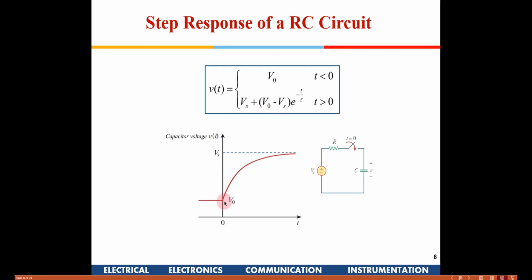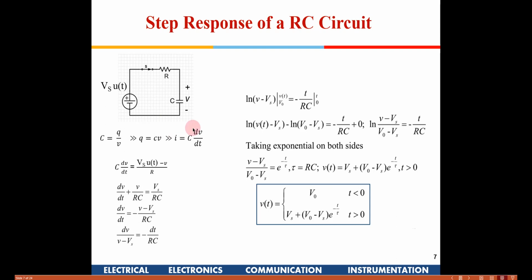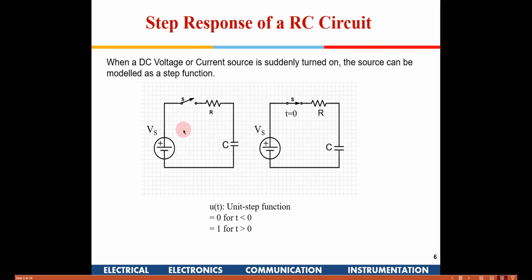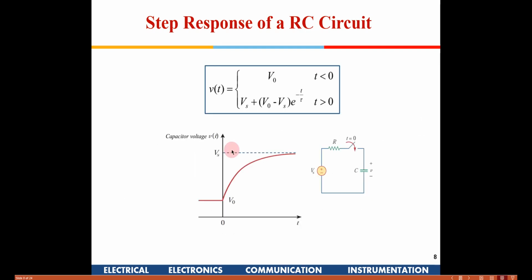You can also have negative voltages on the capacitor and the graph will go from negative to Vs. Suppose in this circuit there is some other circuit out here, and during switching, this voltage is connected in the reverse polarity, the capacitor can get charged in the opposite direction also. So not necessarily does the initial voltage on the capacitor need to be positive. That depends on the circuit.